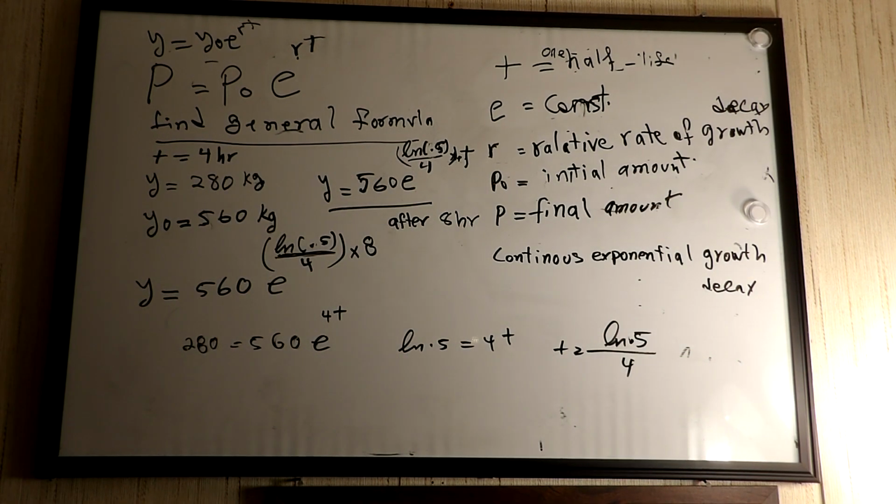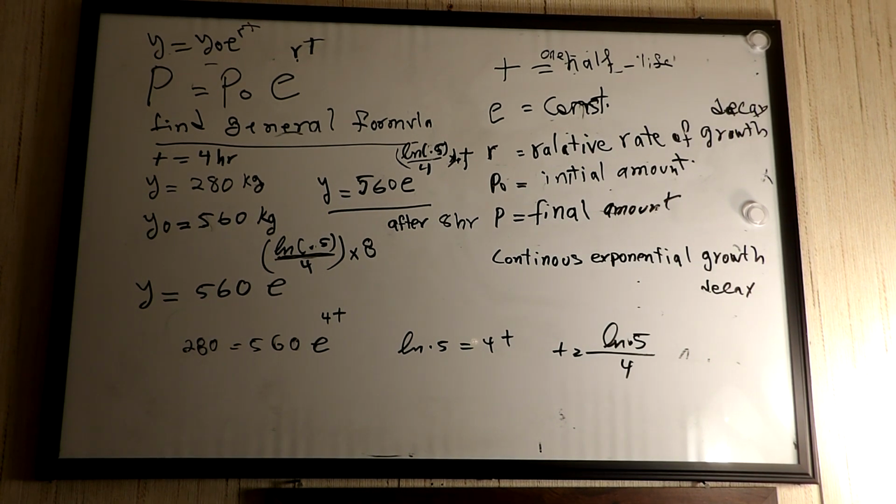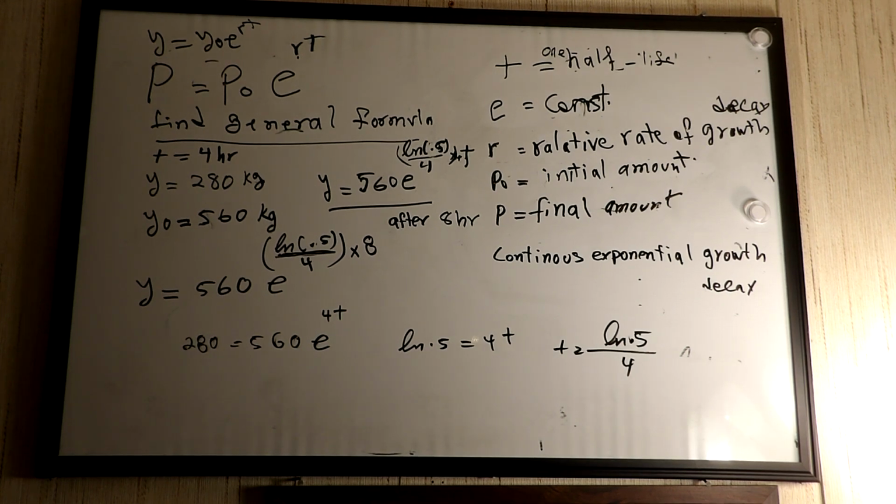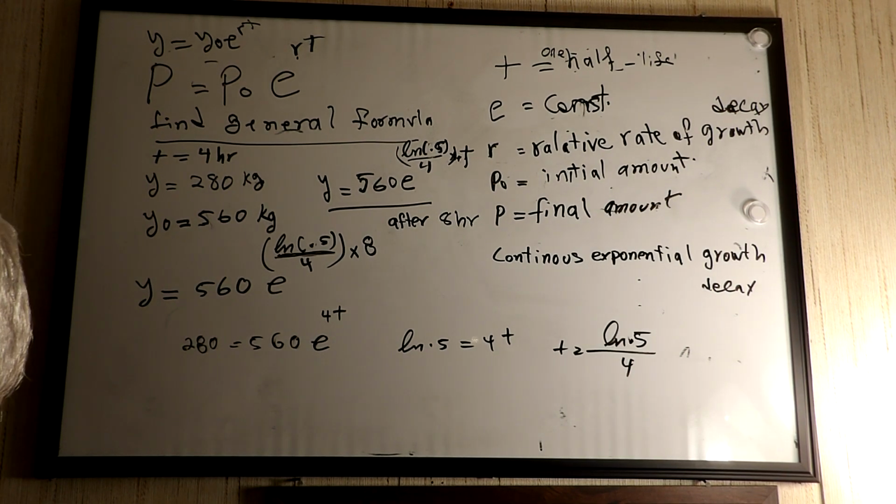So after 8 hours, you see what the result of this is going to be. It is 560 e to the power of ln 0.5 close the parentheses divided by 4 times 8, which gives 140.